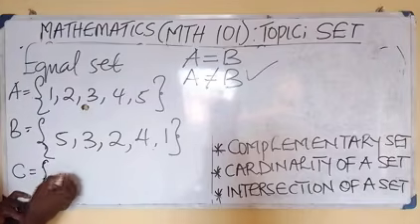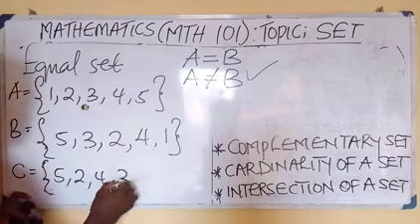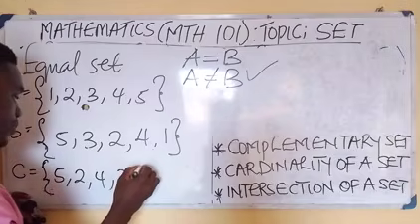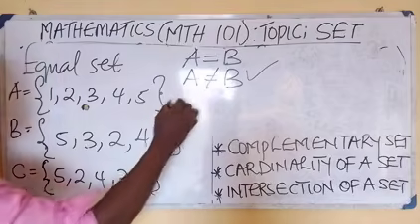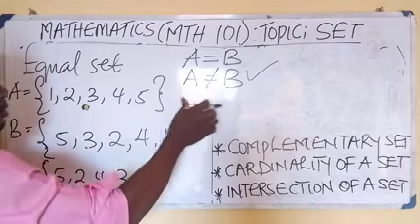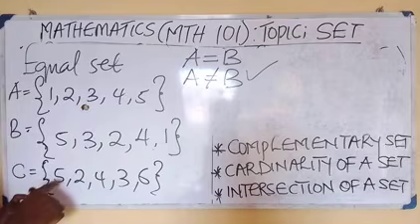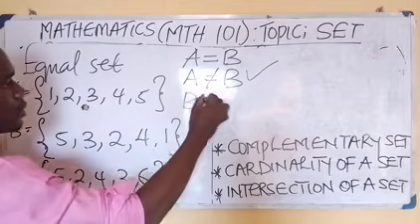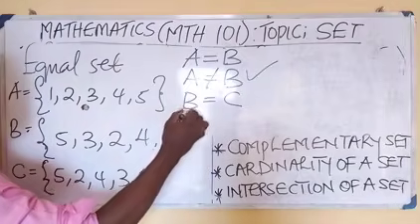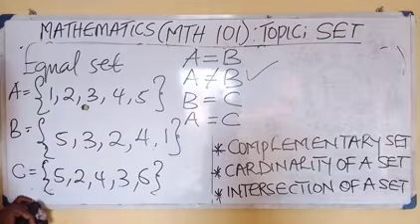if I was having maybe 5, 2, 4, 3, maybe 6, I want to illustrate B equal to C or A equal to C. Let's check if that is correct.